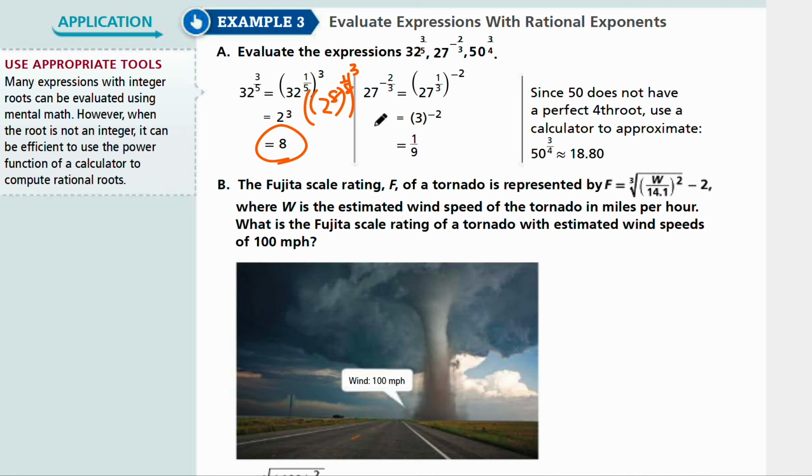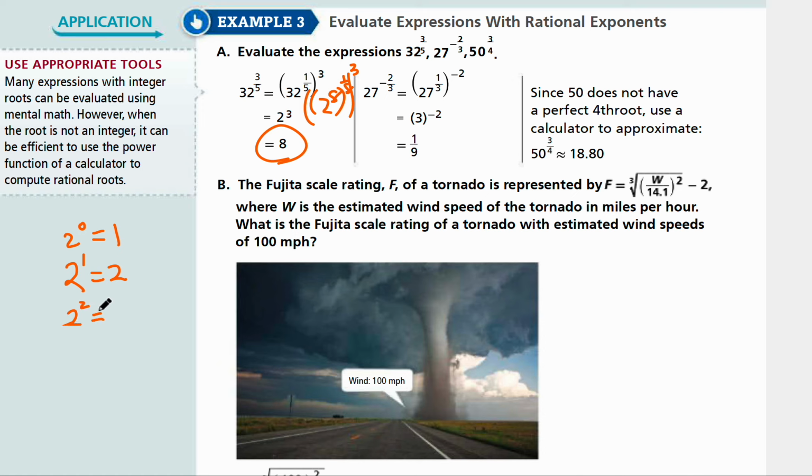And then 27 to the power of negative 2 over 3. Negative power does not mean your base is becoming negative. Negative just means you're dividing your base that many times. So remember, 2 to the power of 1 is 2. 2 to the power of 0 is 1. Anything to the power of 0 is 1. And why is that?